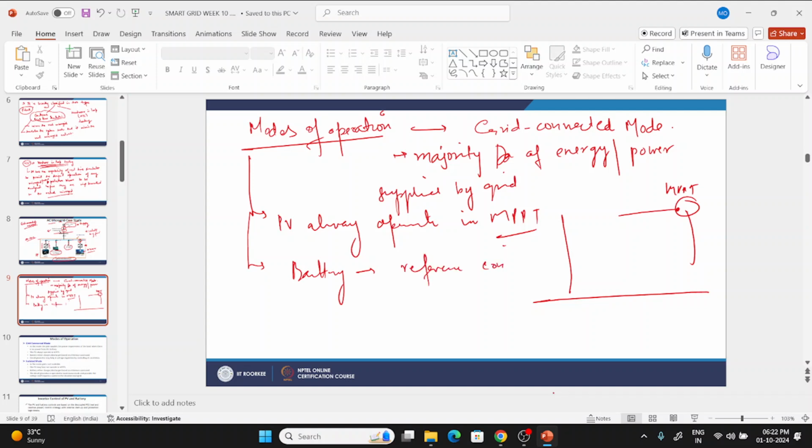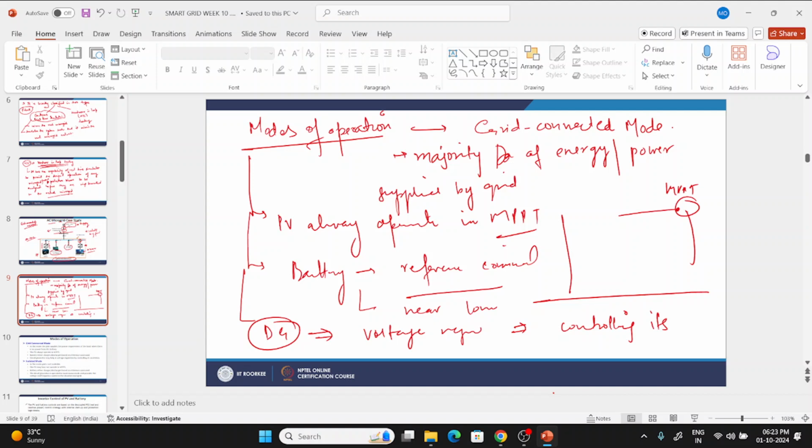If the SOC is high enough that it can discharge, it will discharge its energy. But if the SOC is near the lower limit, then it will charge the battery. And what is the role of the diesel generator in this? It helps in voltage regulation by controlling its excitation.